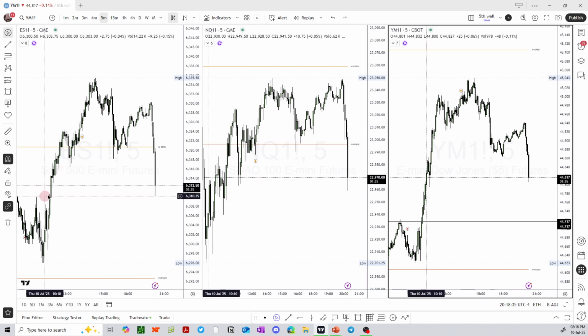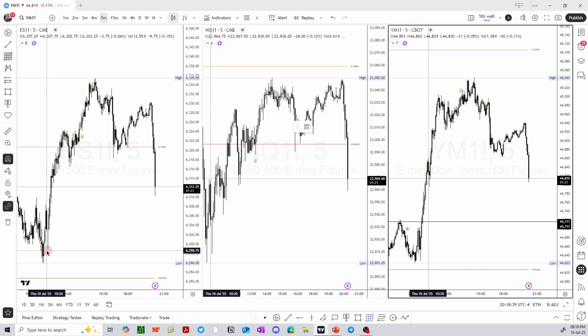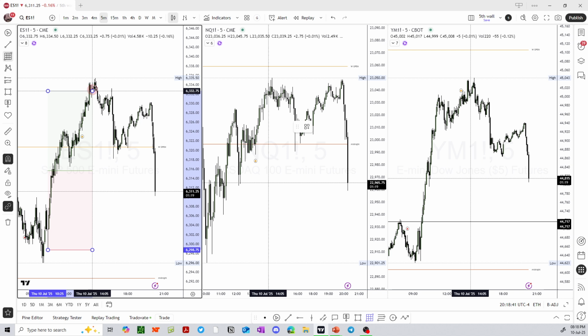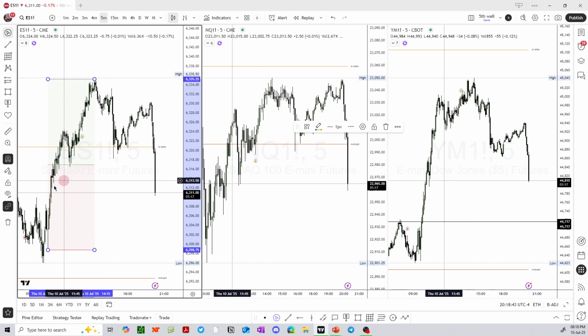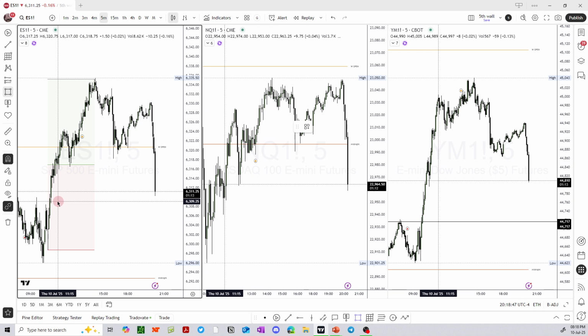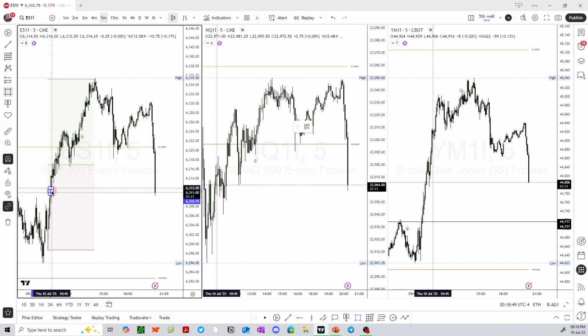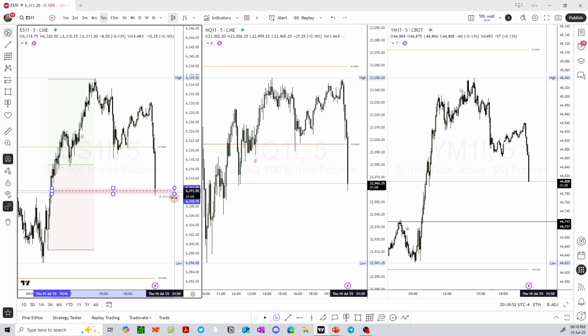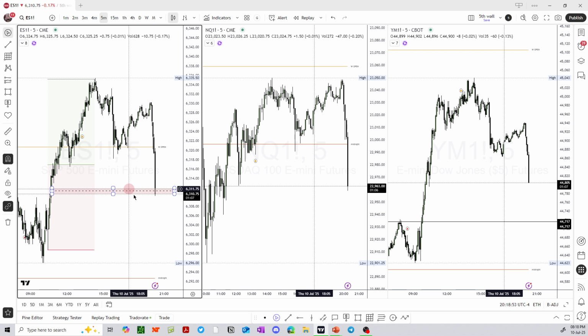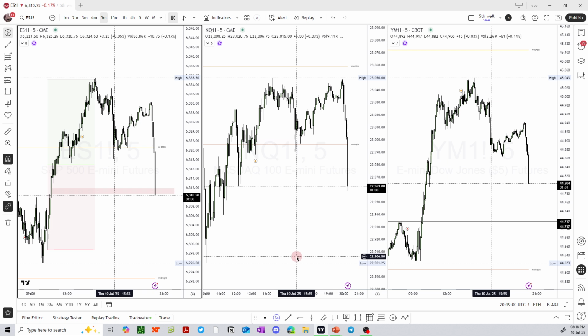It's also in a discount. If price breaks through that, then it becomes an inverted fair value gap. If it does it with force, you have more conviction. If it's going to hold that level, then you may want to consider exiting, right?